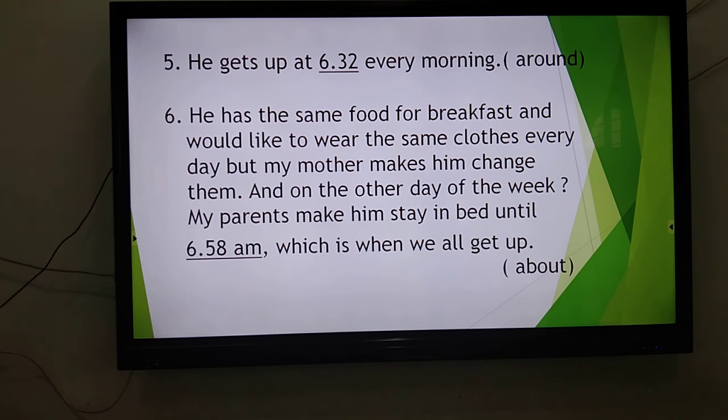Now some more pronunciation practice in number 7. It is not breakfast, it is breakfast. Again, breakfast. Next is clothes. Now we make a difference. We need to see clothes is the word we use for stitched clothes.